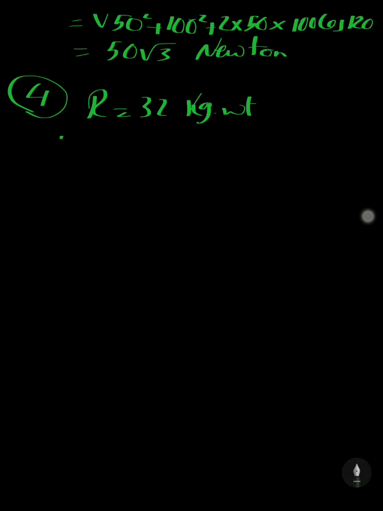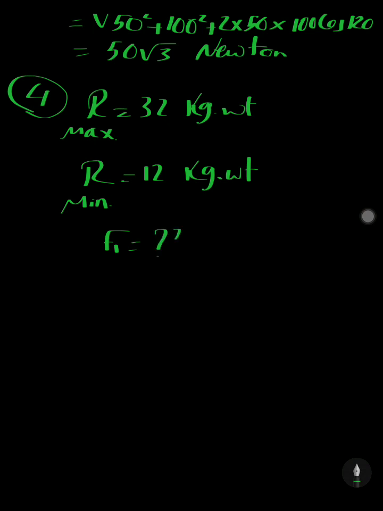The maximum value of the resultant equals 32, and the minimum value of the resultant of the two forces equals 12 kilogram dot weight. This is the minimum value of the resultant. Now we want to find the magnitude of each of them. We want to find F1 and also F2.